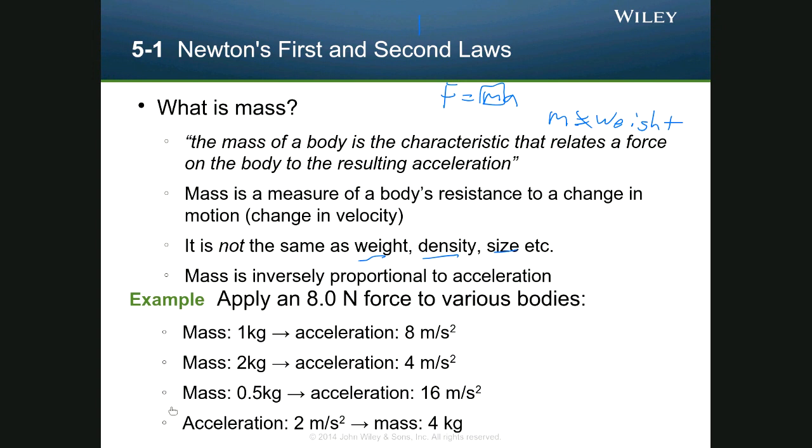The force is 8 newtons, so it would feel the same, but the larger the mass, the smaller the acceleration. So for a mass of 1 kilogram, 1 times 8 would be 8 newtons. If the mass is equal to 2 kilograms, the acceleration then must be 4 meters per second squared. So the lower the mass, the higher the acceleration. Sorry, now I'm doing it. And vice versa.